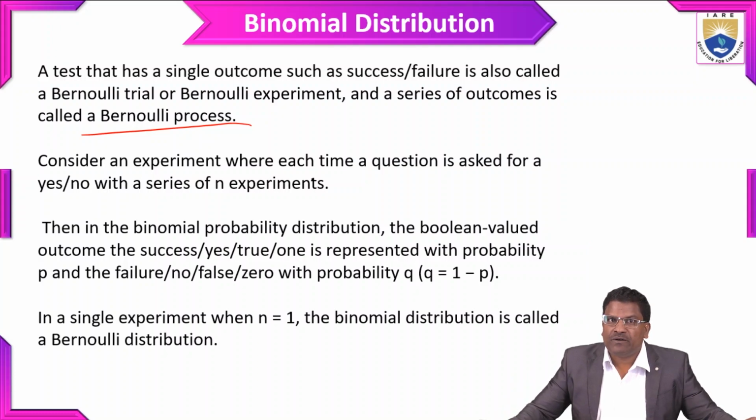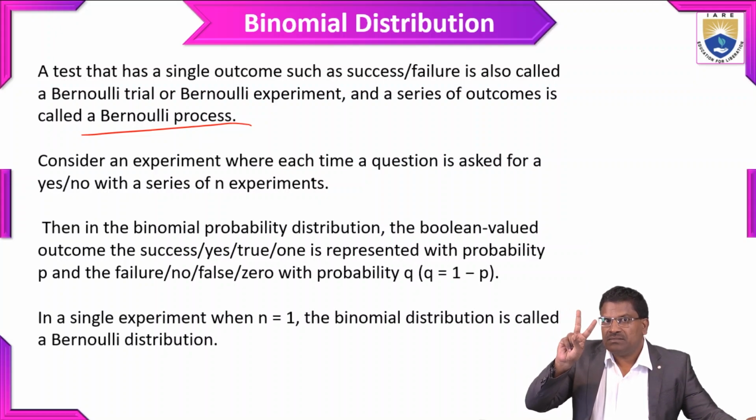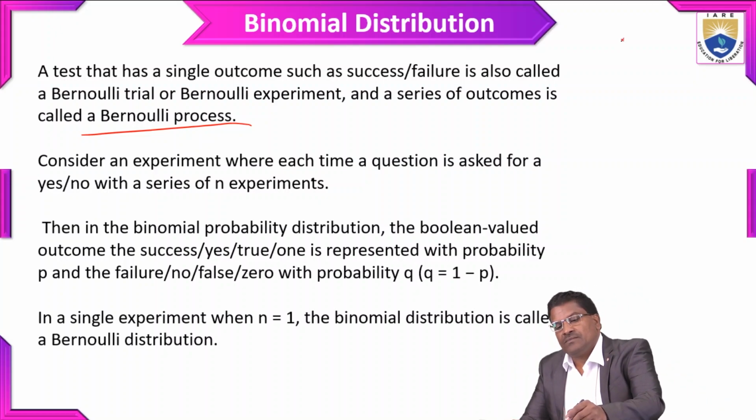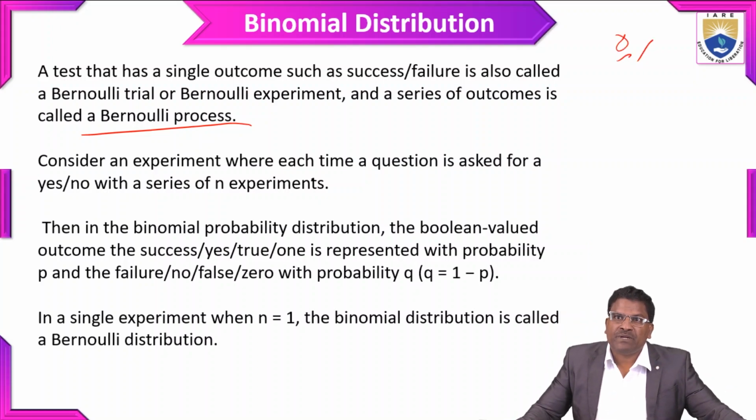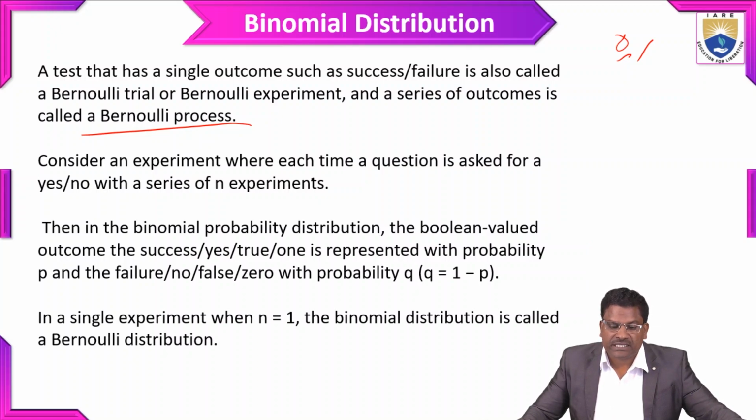Previously you might have known about Boolean algebra. The entire Boolean algebra depends on only two elements, 0 and 1, which are called Boolean vectors.